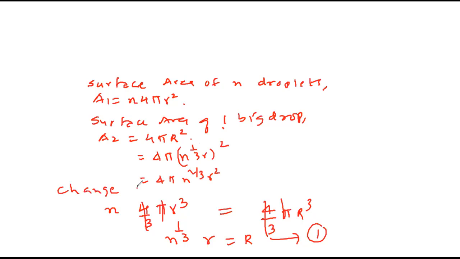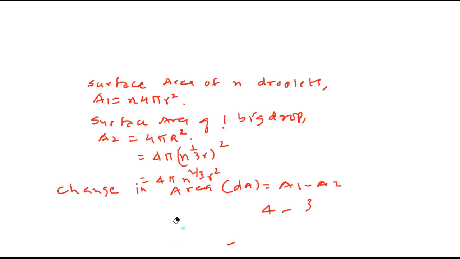So change in area dA is A1 minus A2, because it is understood droplets' area will be more. When they combine, one side touches, so area will reduce. So change in area is A1 minus A2. This is 4 pi r square into n minus 4 pi r square n raised to 2 by 3.